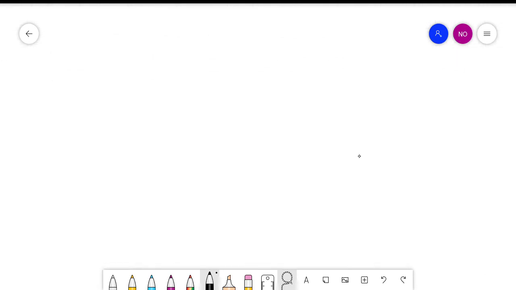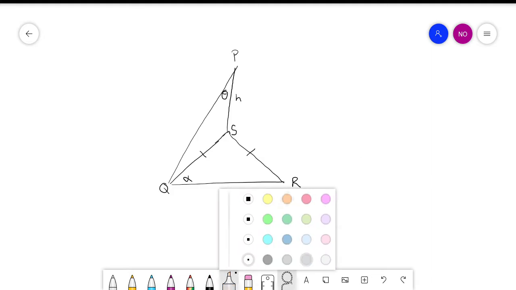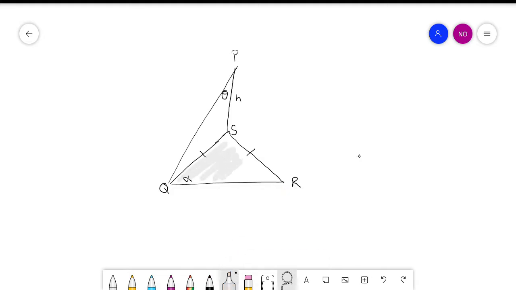So, for question 8, they say, okay, in the following sketch, PS is a vertical line.